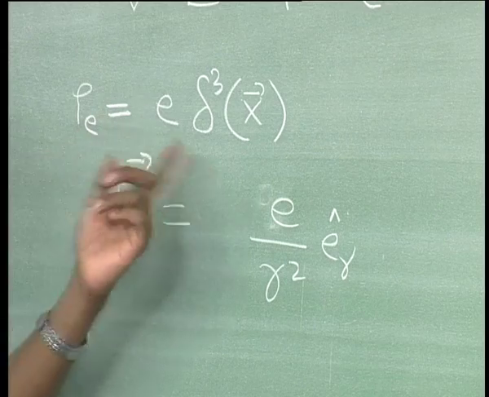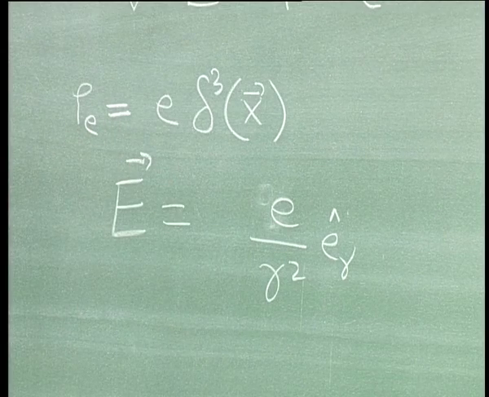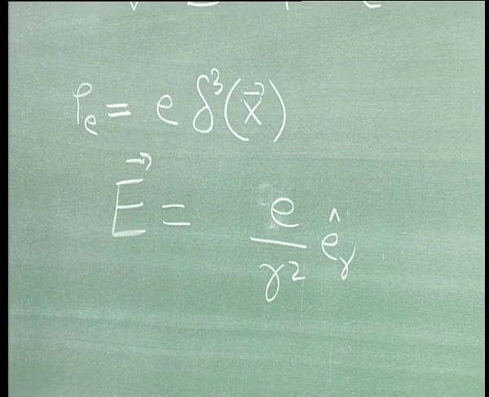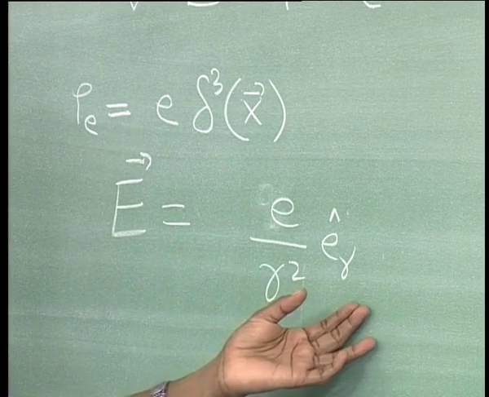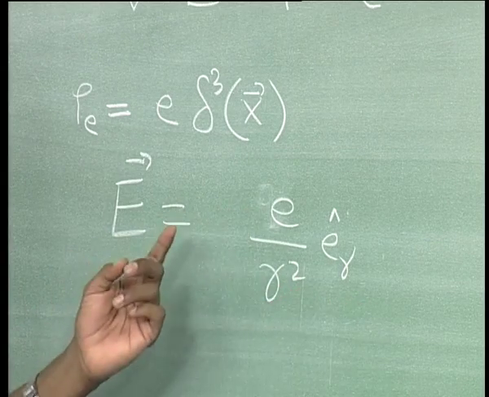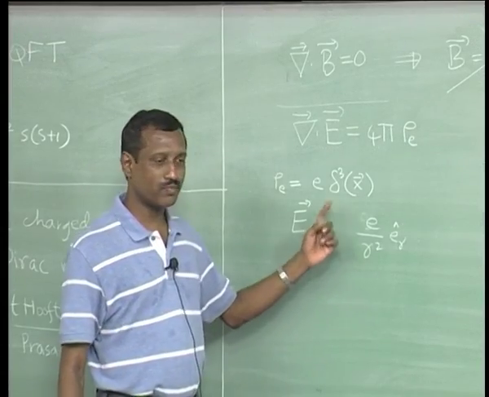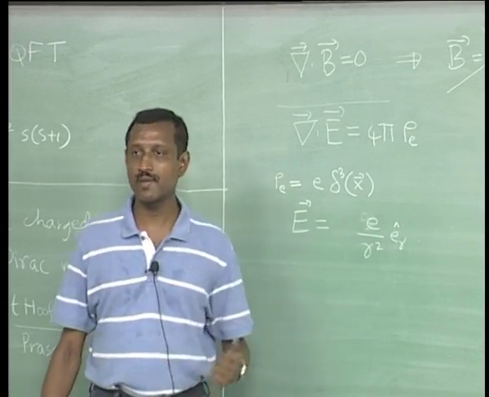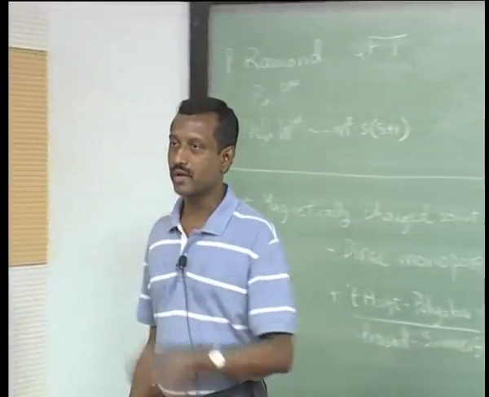Okay, so this is what you would have written: 1 upon r square times a unit vector. We are working in Gaussian units, so there are no factors of 4 pi; 1 by 4 pi epsilon naught is 1. So this is what you have.